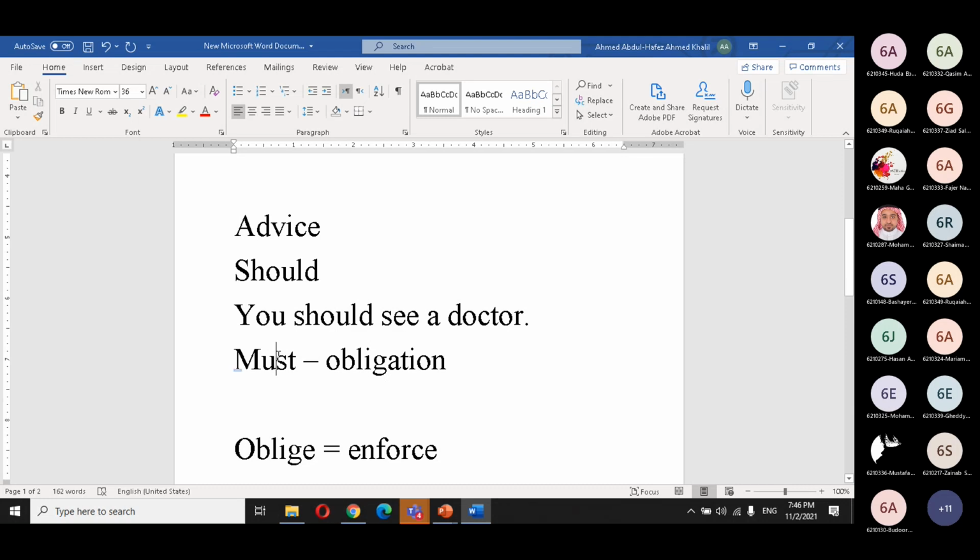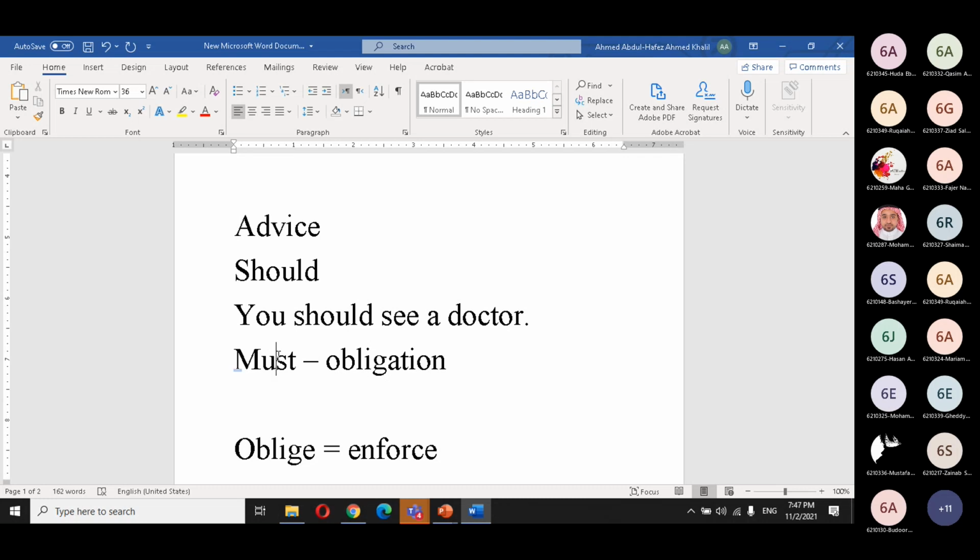Okay, now you got the point. We cannot give advice by using must, because must is not used for giving advice.